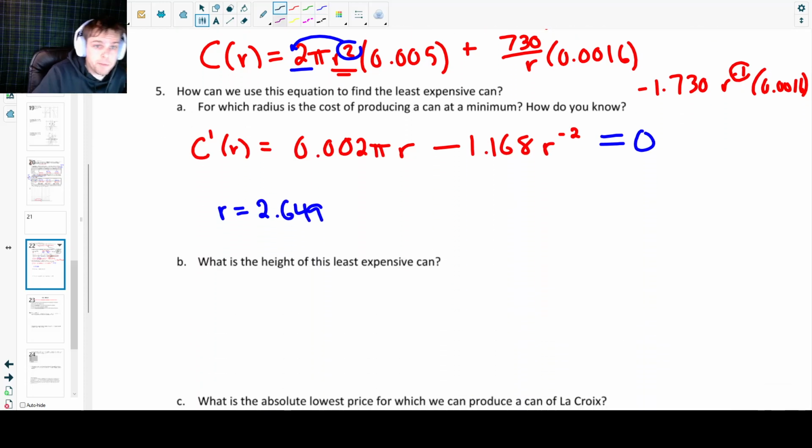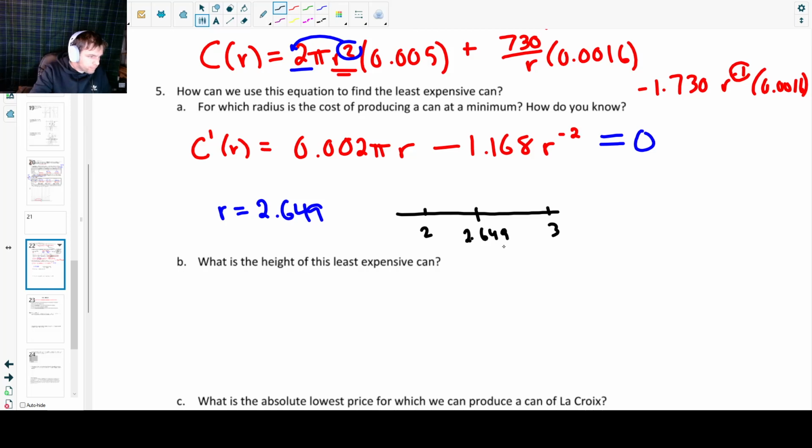Okay. So is this a minimum value? Let's do the candidates test on this. Let's test the value of our derivative before and after 2.649. So I'll plug in 2 and I'll plug in 3 just to test that out. Plugging in 2, I got that my derivative was negative, so we're decreasing into this value.